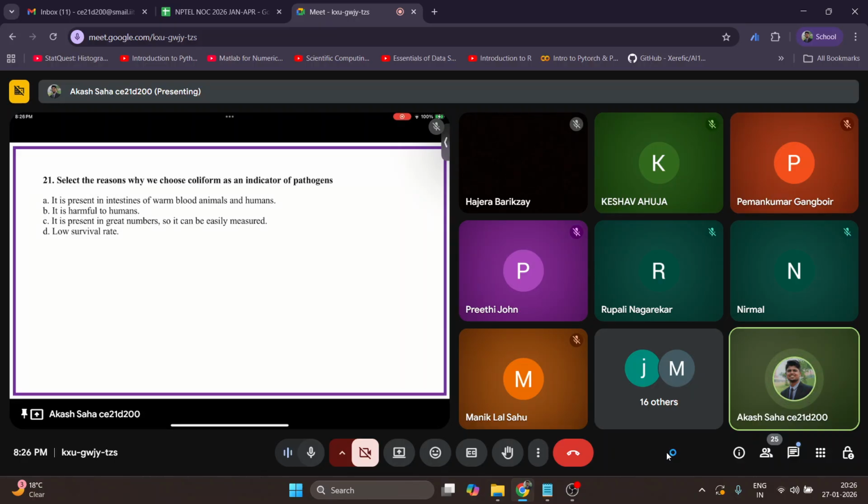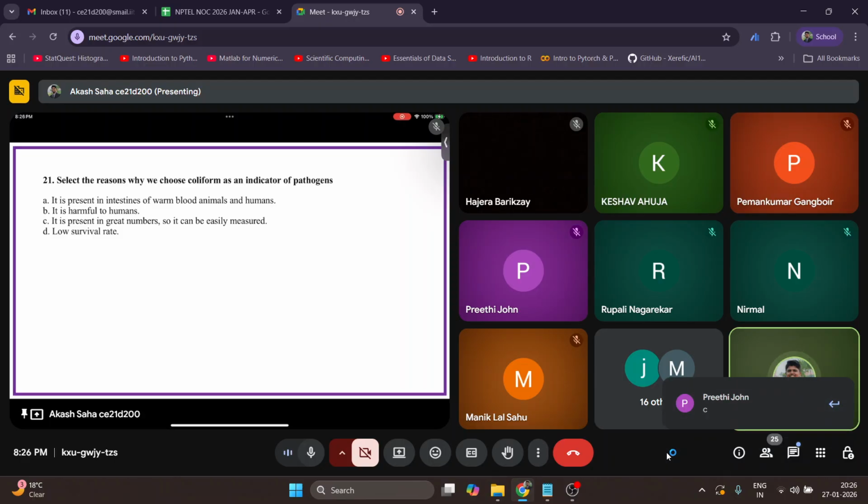Select the reason why we choose coliform as an indicator of pathogens. Is it because it is present in the intestine of warm-blooded animals and humans? Is it harmful to humans? It is present in great numbers, so it can be easily measured, or it has a low survival rate.